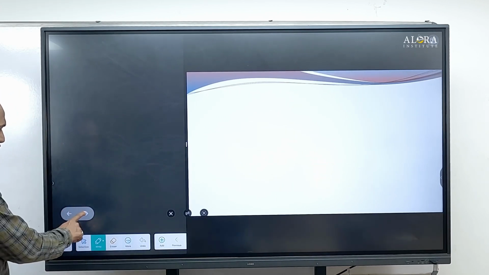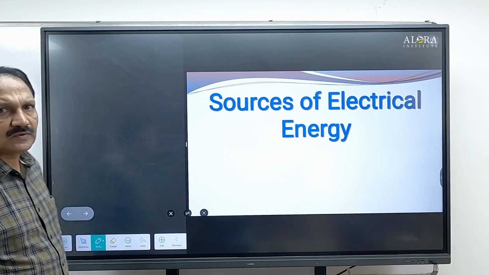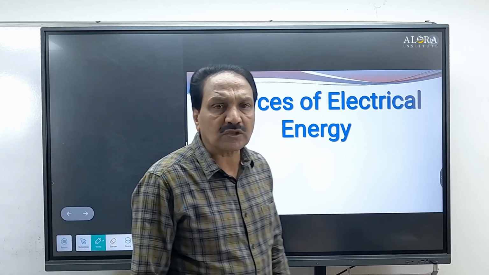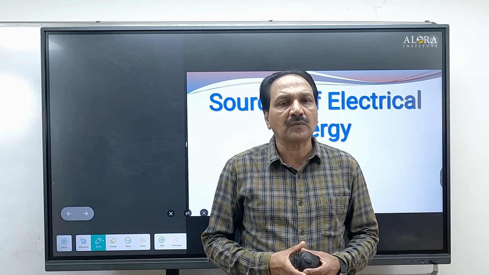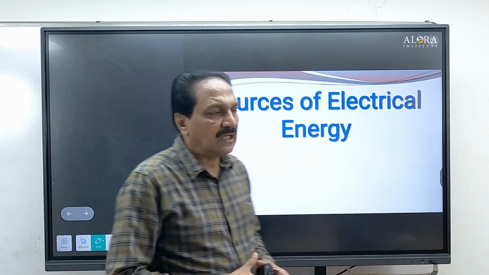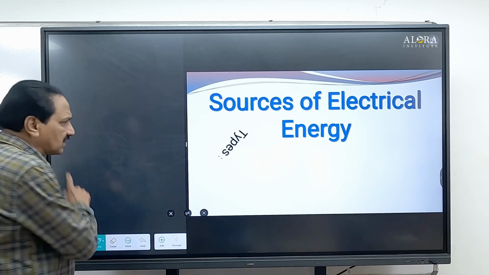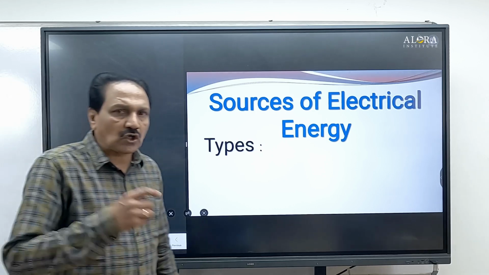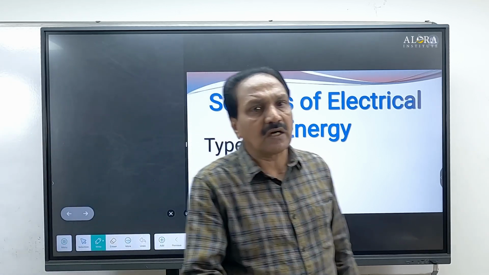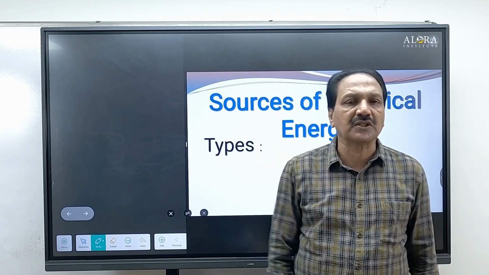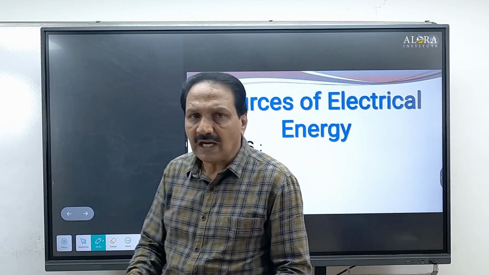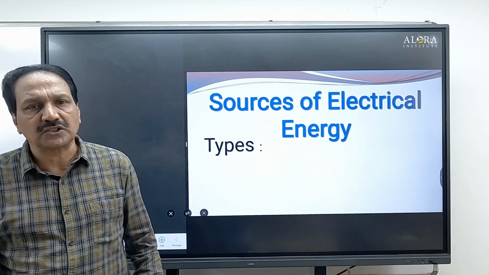What are the different sources of electricity? Actually, there are two different types of sources of electricity. First one is called renewable resources. The second one is called non-renewable resources.